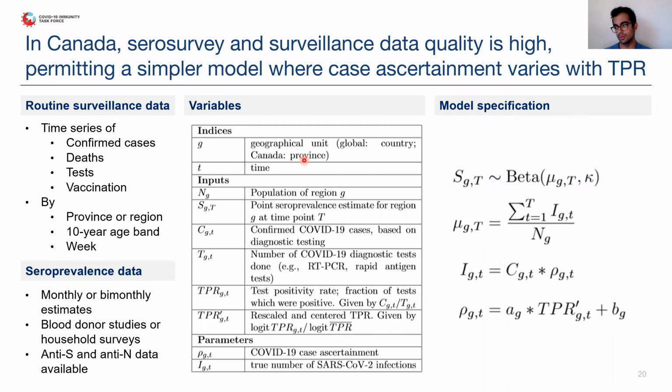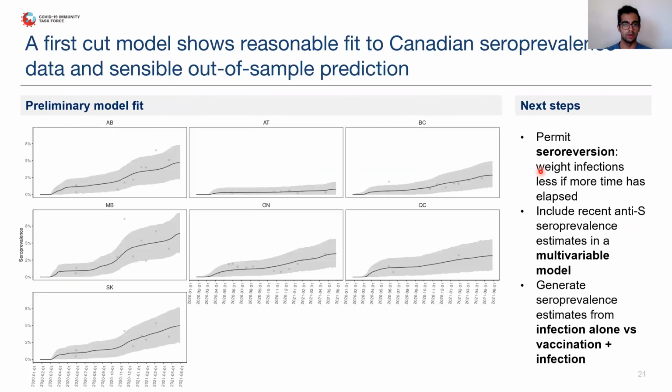We estimate these models in a unified Bayesian framework using Markov chain Monte Carlo in the statistical modeling package Stan. Some of our early results are shown in the left panel. The x-axis is time.